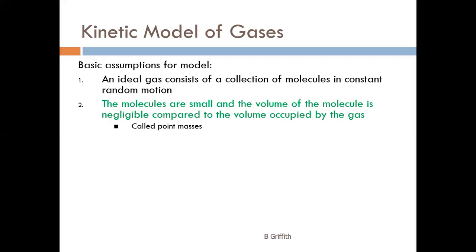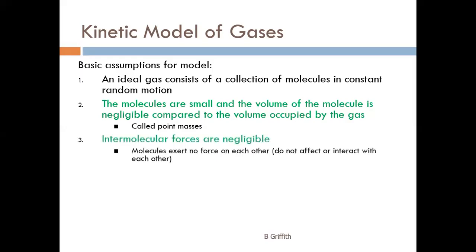Hopefully that makes sense. The other assumption is that intermolecular forces between the particles, between these molecules of gas, are negligible, that they are non-existent. And so we understand that molecules will exert no force on each other. They don't interact with each other. The molecules are isolated from others, and there is no interaction between one molecule and its neighbor.